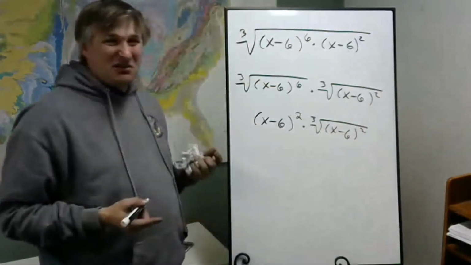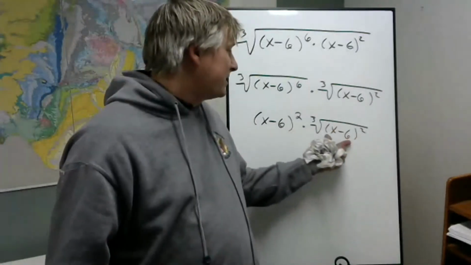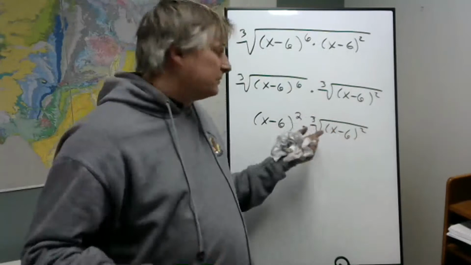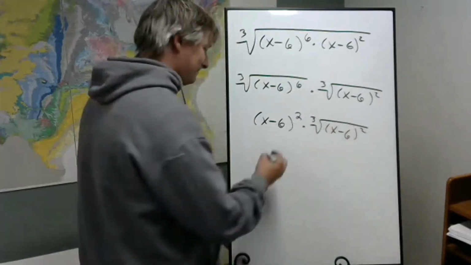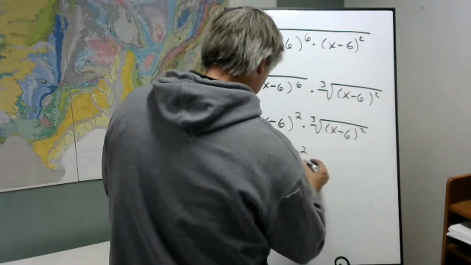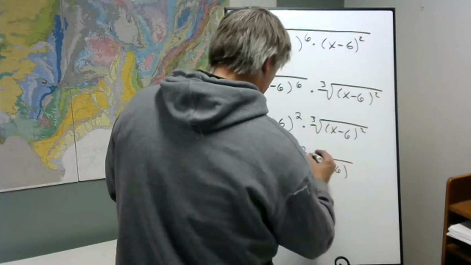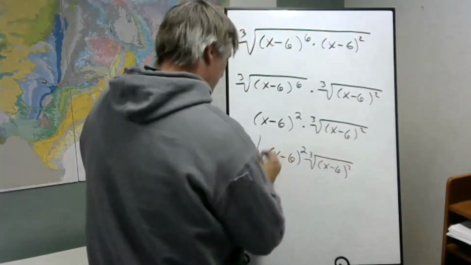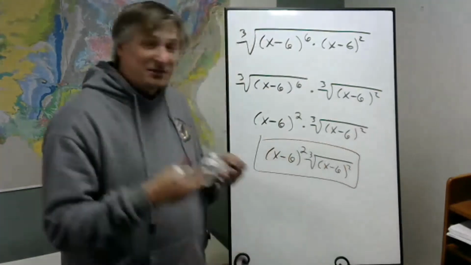This one we really can't do anything with it. If we had an extra x minus 6, we had x minus 6 cubed, well then we could do this, but we don't. So we're just going to leave it this way. And that's going to be our answer.